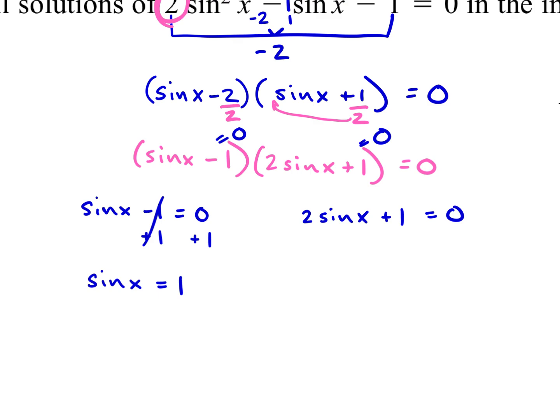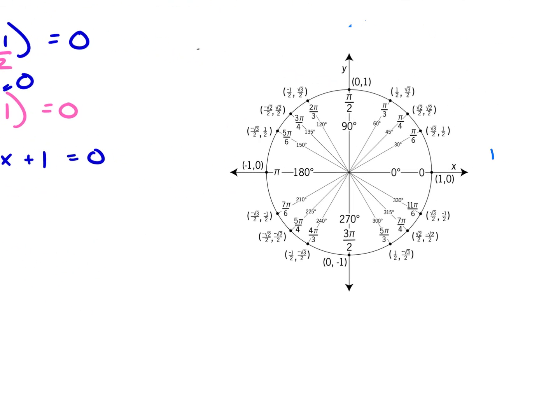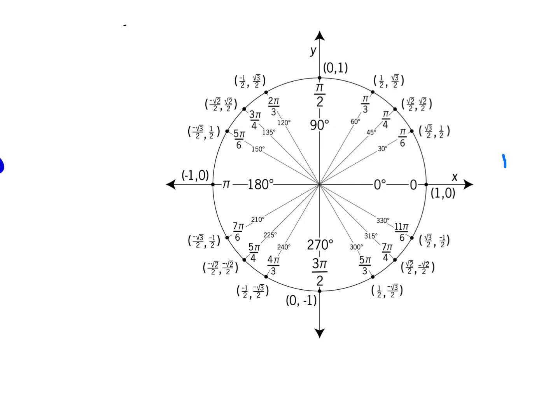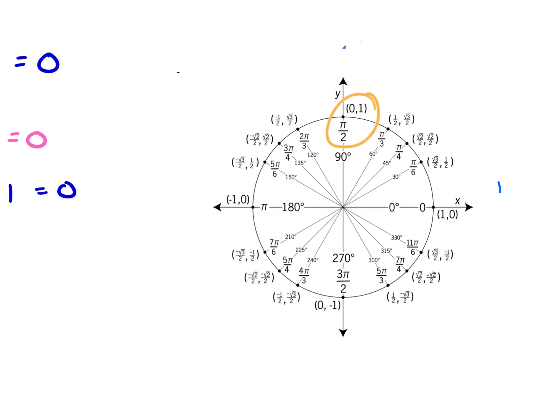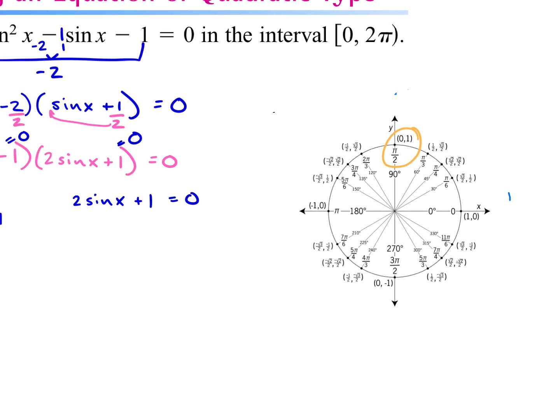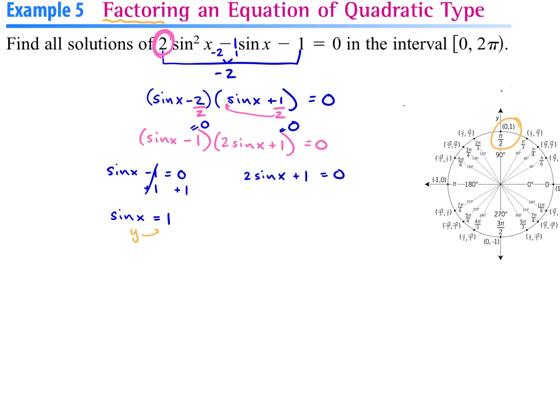Sine tells us we look at what on the unit circle? Y. We want to see where on the unit circle is our y positive 1. Pi over 2. Anywhere else? Nope, that's it. That's the only one where our y is 1. So x equals pi over 2.